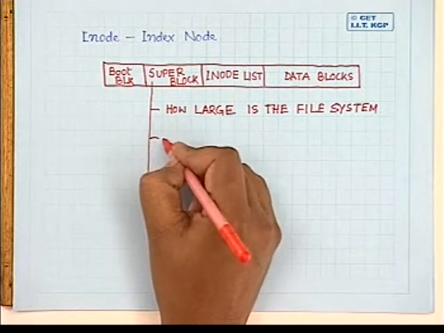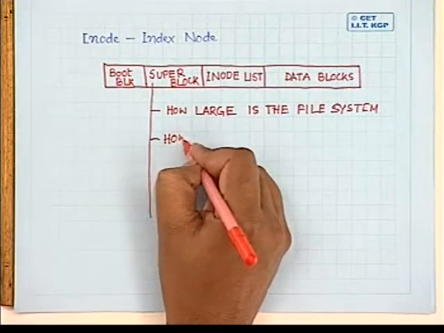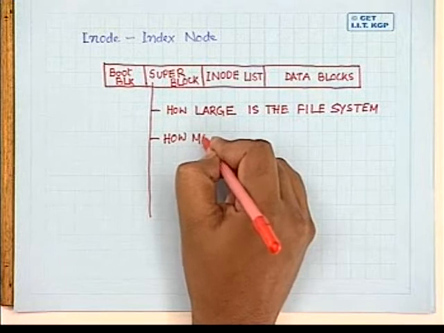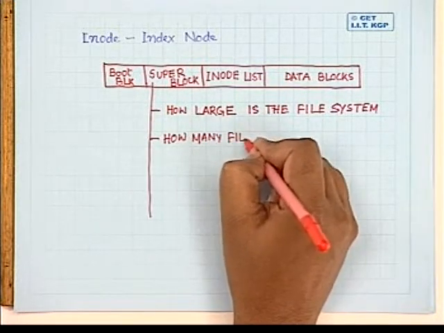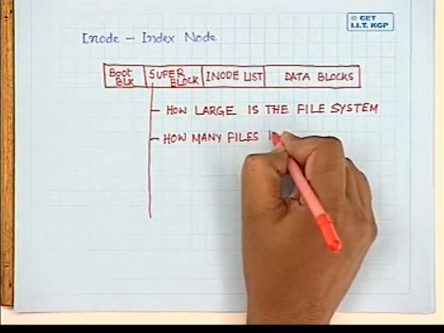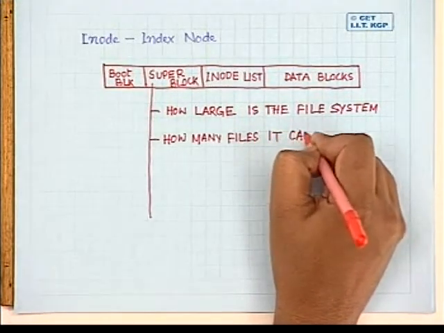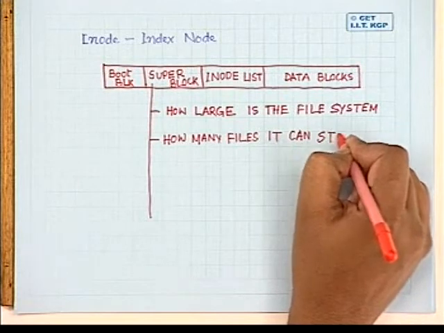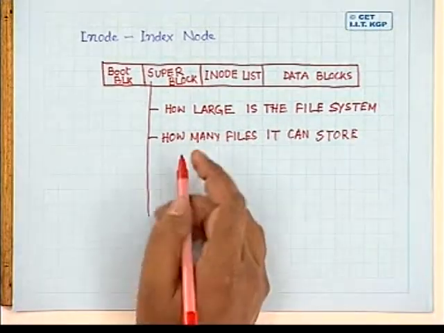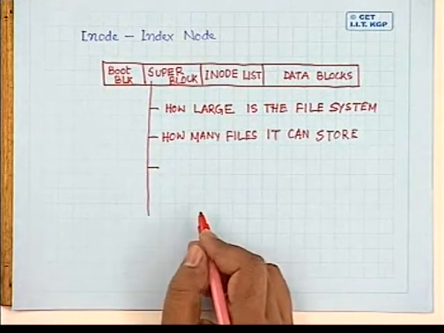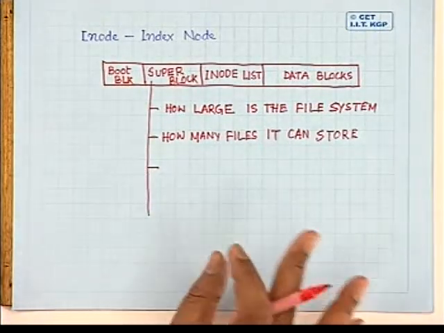Similarly, how many files the file system can store. Okay. It also contains information about where to find the free space on the disk.